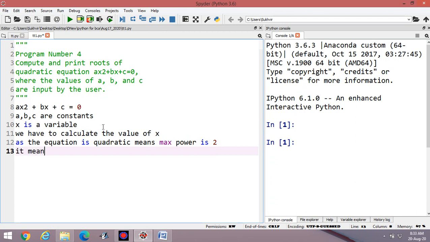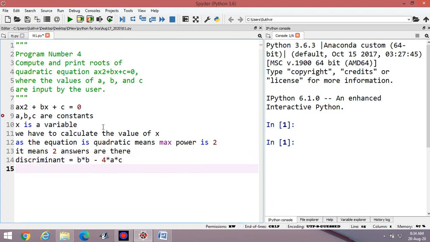It means two answers are there. It is the basic condition. To calculate the value of x, we have to calculate the discriminant, and the formula for discriminant is b square minus 4ac.